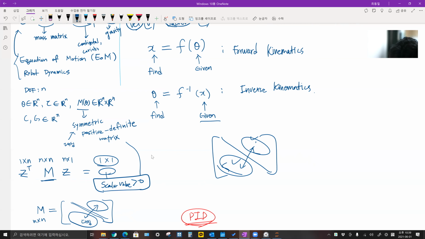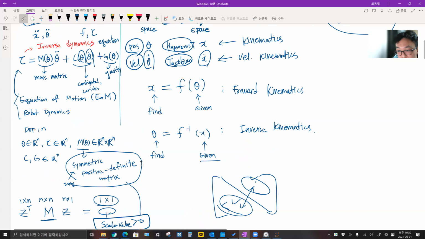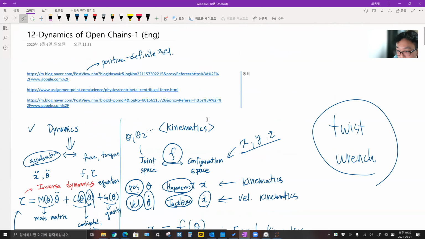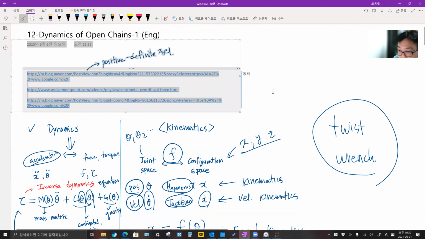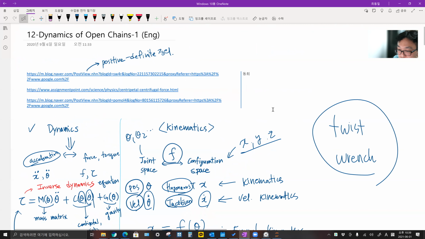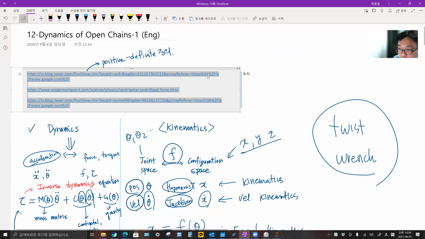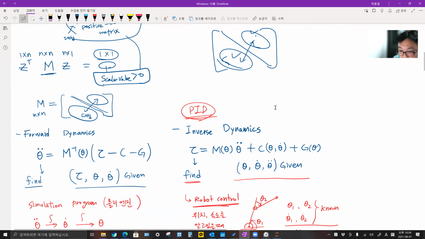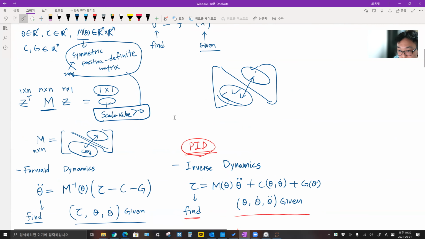If this scalar value is positive, we call this M matrix a positive definite matrix. If you want to know more about positive definite matrices, you can check this link. I will share it. For reference, just remember the M matrix is a symmetric positive definite matrix.